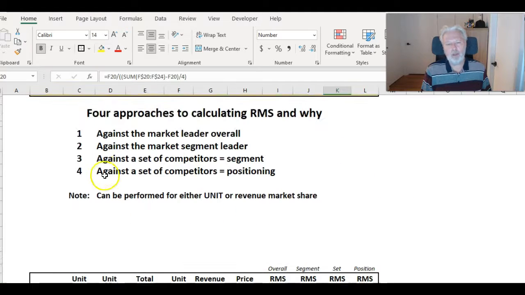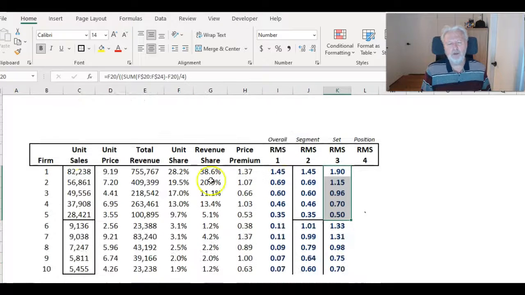Now, the next one I want to look at, and the last one, is against a set of competitors based on positioning. Here I've just looked at size, based on unit sales and obviously revenue, same sort of thing, over 100,000, less than 100,000.